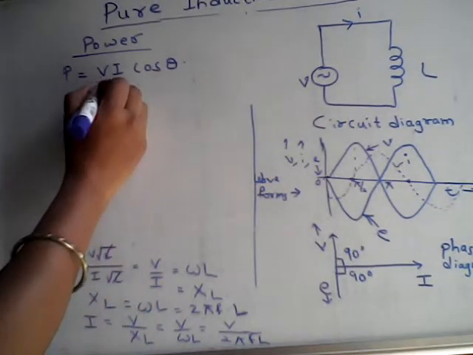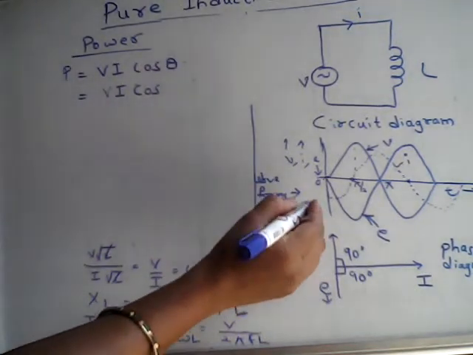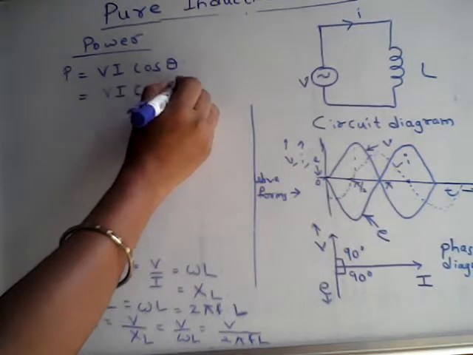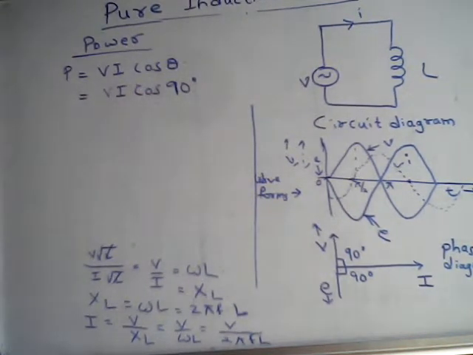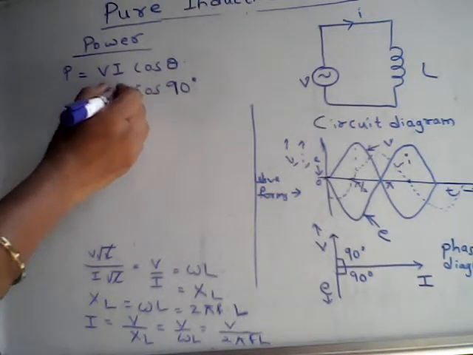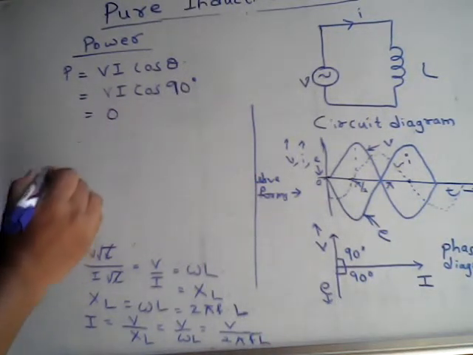Here this is V into I into cos of the phase difference between current and voltage, which is 90 degrees. So cos 90 is equal to 0, and 0 into anything is 0. So the power is equal to 0.